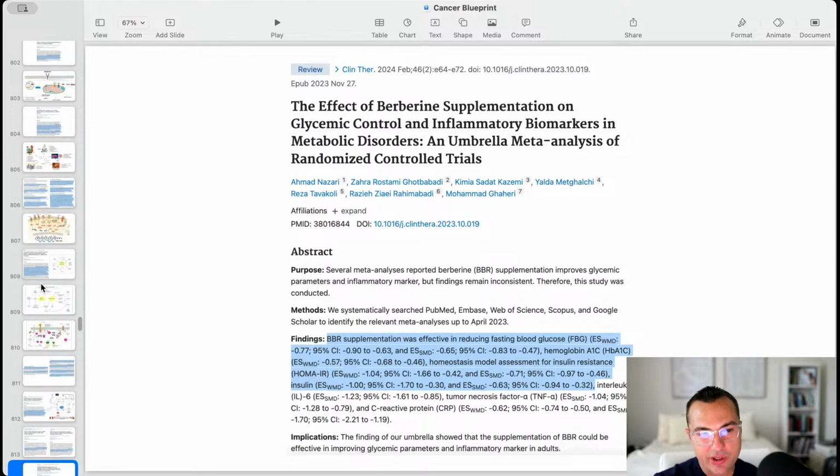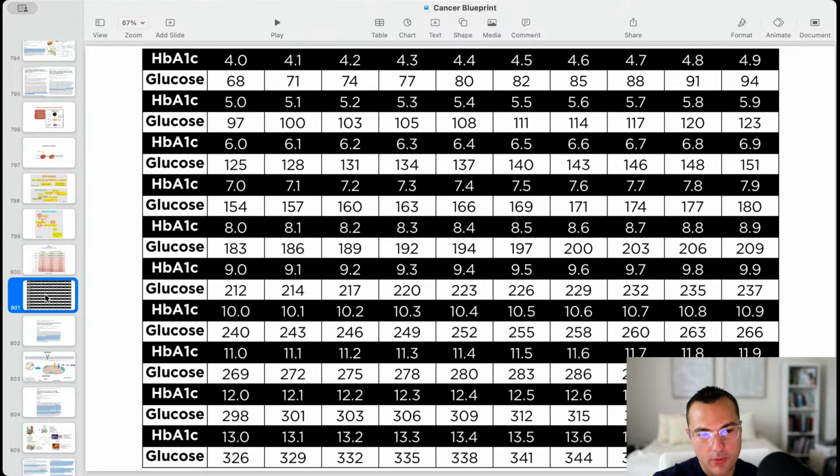Now, what does that actually mean in terms of a blood glucose reduction? So we're looking at, let's say, nearly a 0.6%. So from 9.6%, I picked a random value, 229 down to 214. So about a 15 to 16, 17 point reduction on average of your blood glucose.